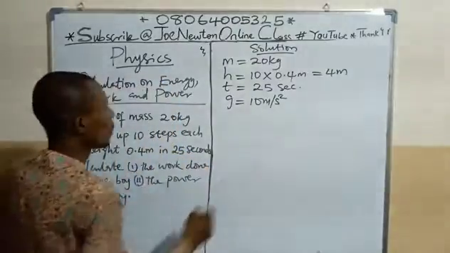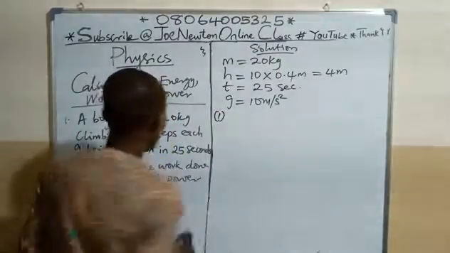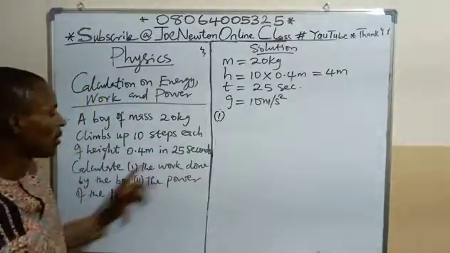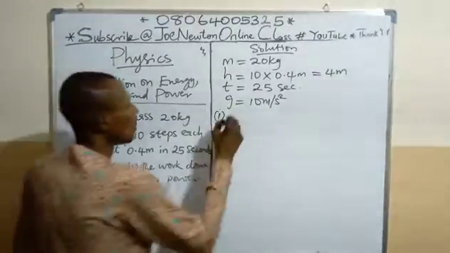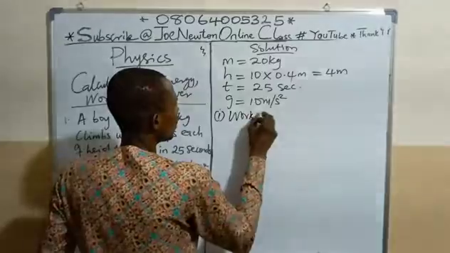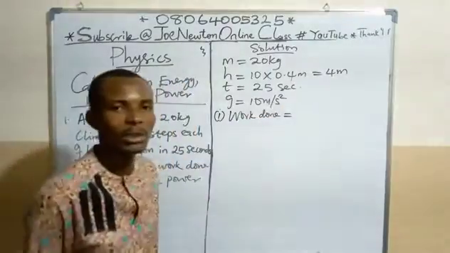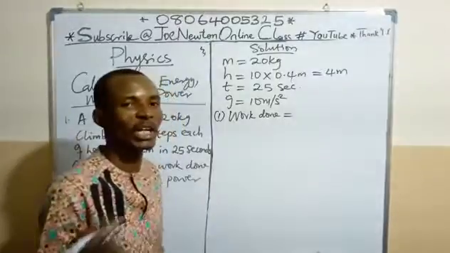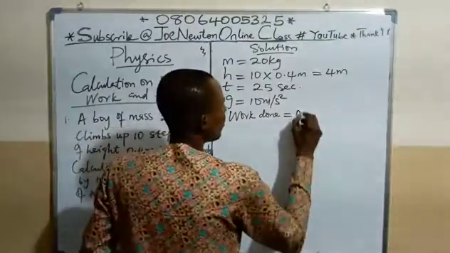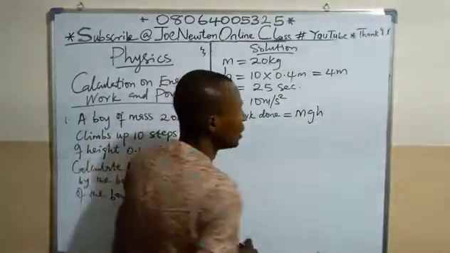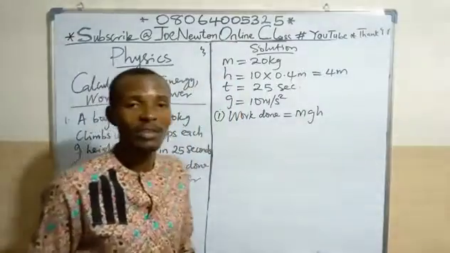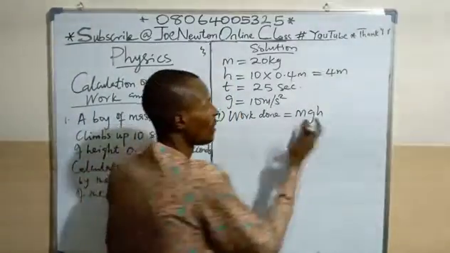Now quickly, for question (i), we are expected to find the work done by the boy. This is work under gravity, so it is equivalent to the potential energy of the boy, which is mgh. Remember that work is also force times distance, which is equivalent to this.